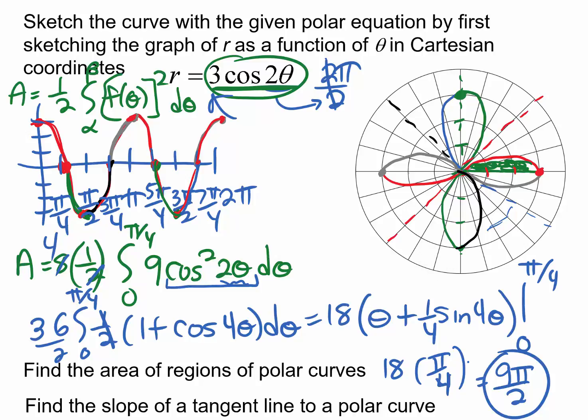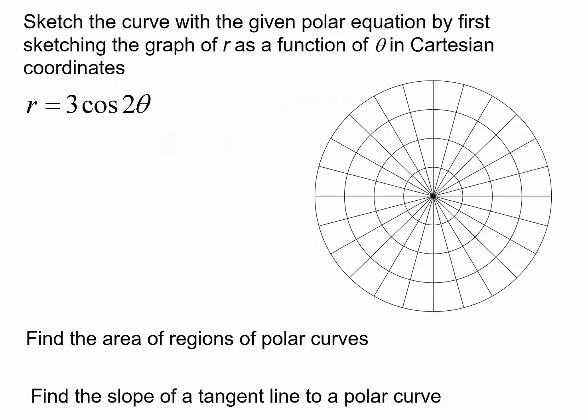We're going to find the tangent at pi over 6. So pi sixths is right in here, and there's going to be a tangent line right here to the curve at pi over 6. It looks like it's going to be a positive slope, but not too steep. So let's find that on this next screen.